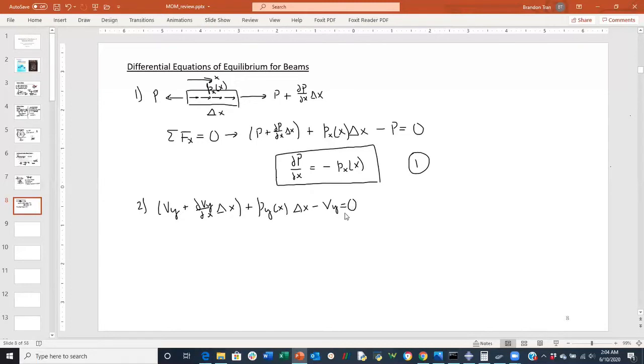Okay, so essentially this can be simplified to partial derivative of shear loads in the y direction with respect to x is equal to negative distributed load in the y direction as a function of x. So that's equation 2. And in the z direction, it's essentially the same method.